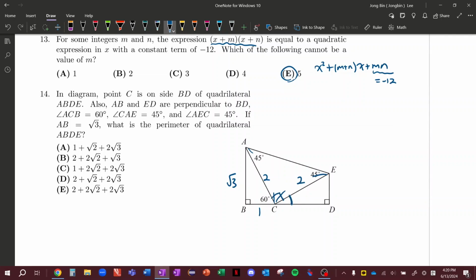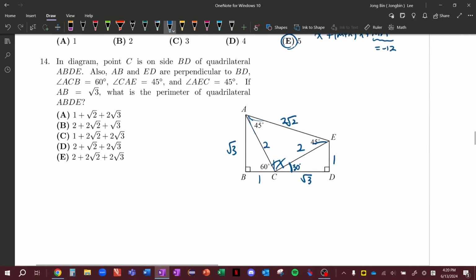Our angle here is 30 degrees because 60 plus 90 plus 30 is 180, and we get another special triangle here, so we could just build up like this. And ACE is also a right isosceles, so we know that AE is 2 root 2 with our special triangle rules. So our final answer would be root 3 plus 1 plus root 3 plus 1 plus 2 root 2, which gives us 2 plus 2 root 2 plus 2 root 3. So our final answer would be E.